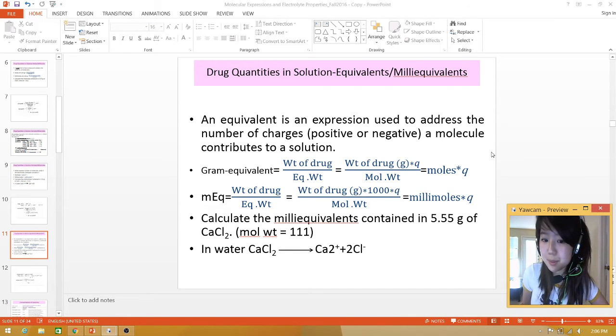For example, calcium chloride is going to dissociate into one calcium ion with a charge of 2 plus and two chloride ions with a charge of negative 1. So either way it's going to be 2. The absolute value of 2 plus is just 2, and then 2 times negative 1 is going to be negative 2, but the absolute value of negative 2 is just going to be 2.